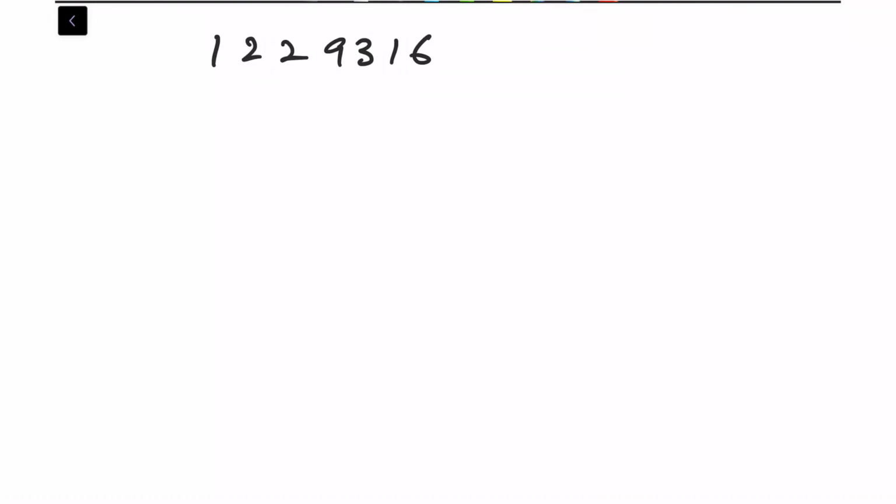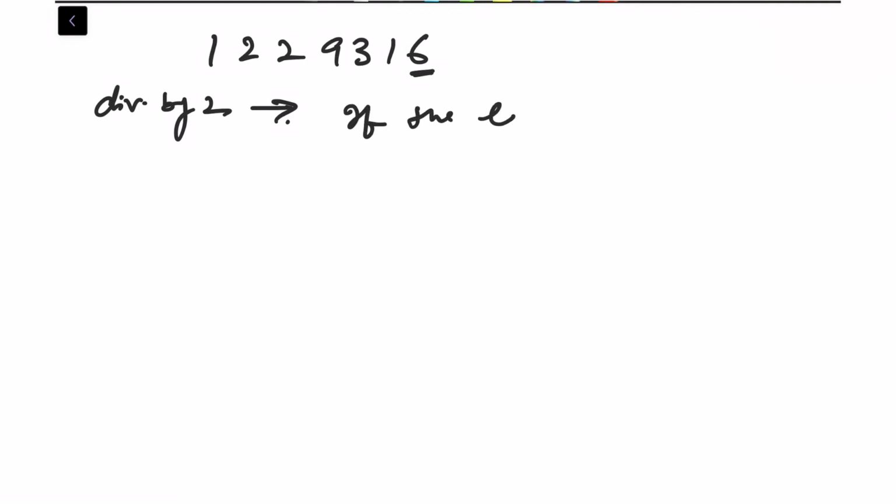First of all, we will take divisibility by 2. For it, we have to see only the last digit, as it has 6. If the last digit is divisible by 2, then the whole number is divisible by 2.